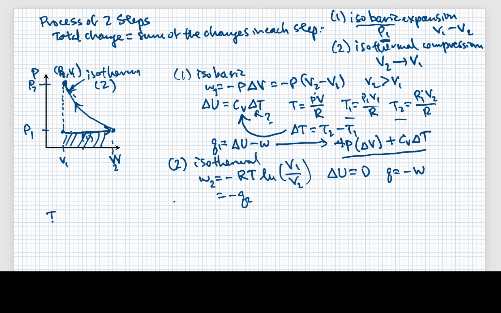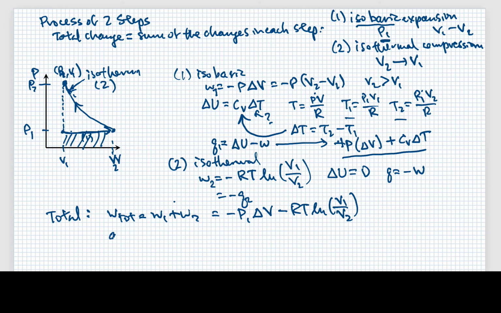Well, for the total process now, I'll have work total is equal to work 1 plus work 2, is equal to minus P1 times delta V, and work 2 is minus RT log of V1 over V2. So this will be my total work.